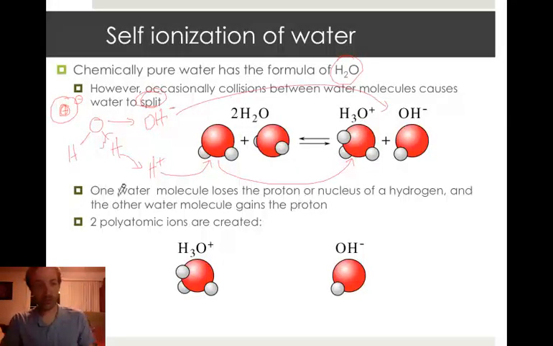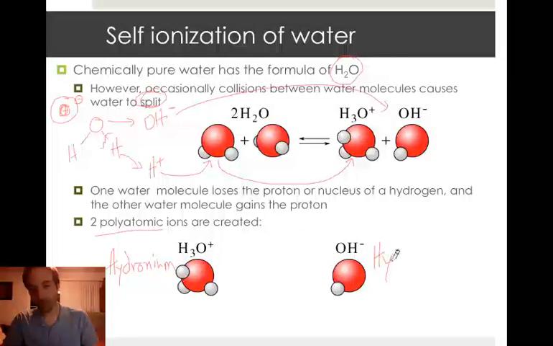Basically one water molecule loses a proton, or the nucleus of a hydrogen, and the other water molecule takes up that proton. That's going to create two polyatomics: H3O+, which is also known as hydronium, and OH-, which is also known as hydroxide.